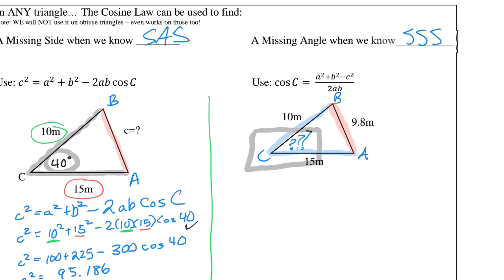It's always the same calculation. It's always a squared plus b squared, just like this, right? But because we're dealing with sides, we have to subtract the c squared, and then we divide by 2ab. So let's go and do the calculations for this.